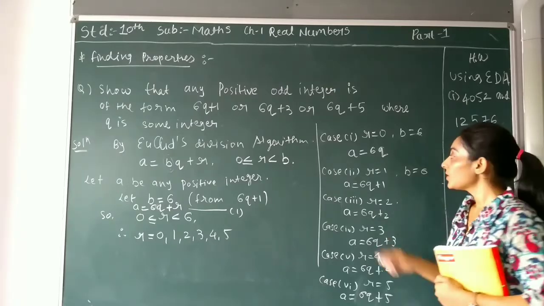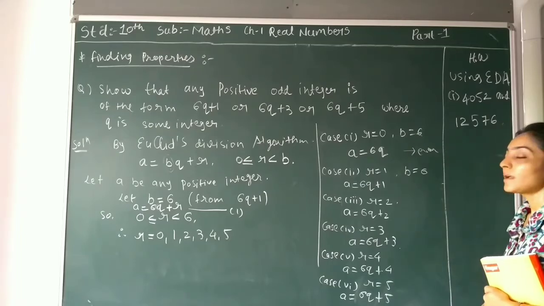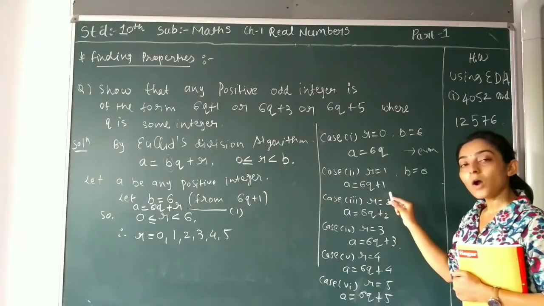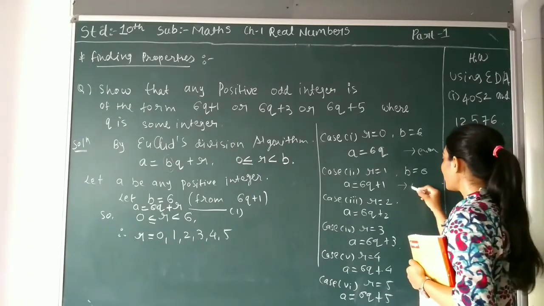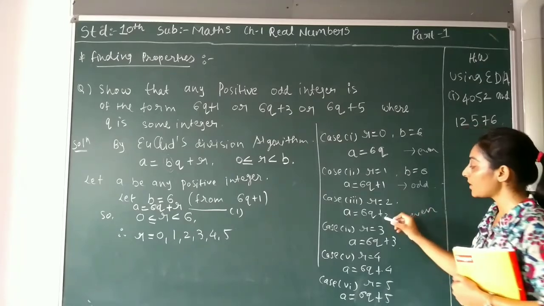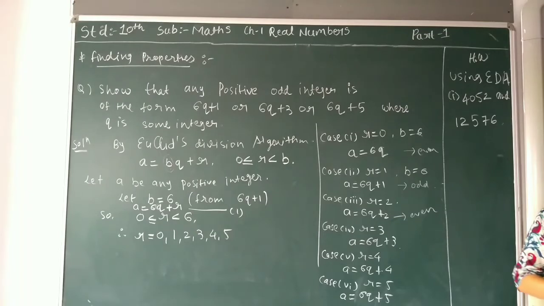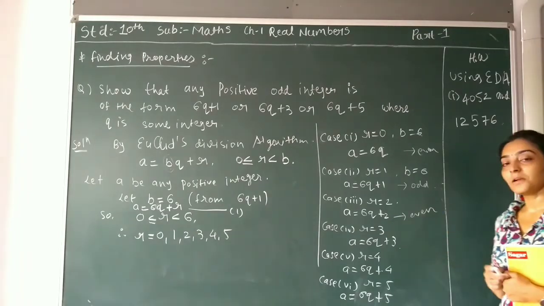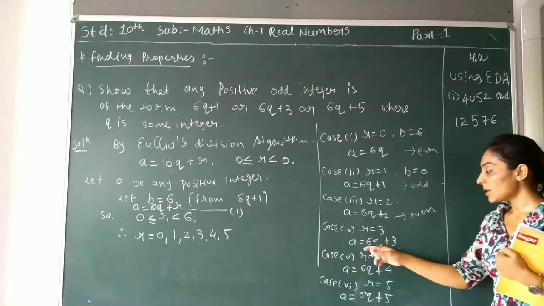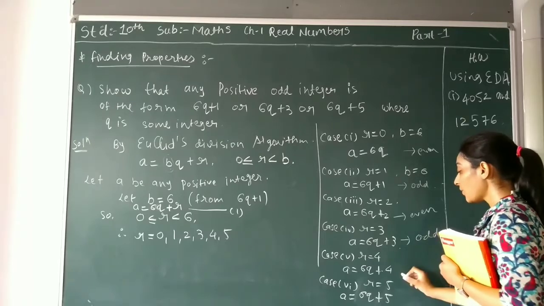So in the first case I am getting an even number. In the second case we have seen that if we add an odd number we always get an odd number. Here again I am getting an even number, because even plus even is always even. Even plus odd, we get an odd number over here.